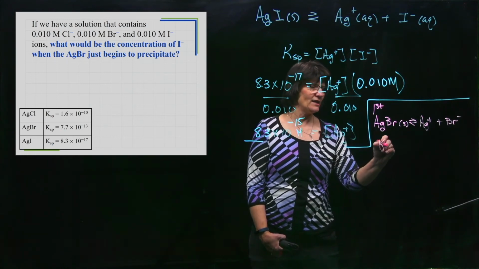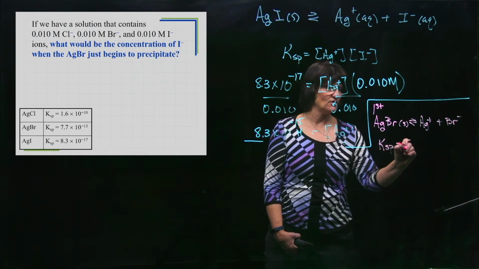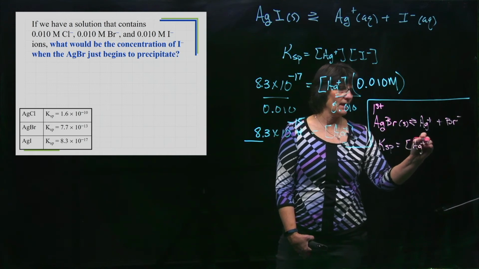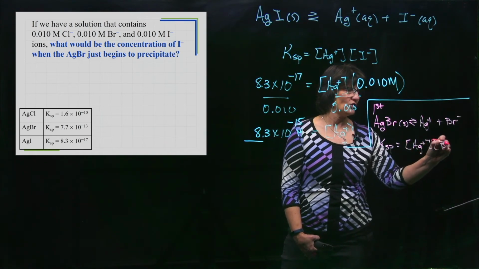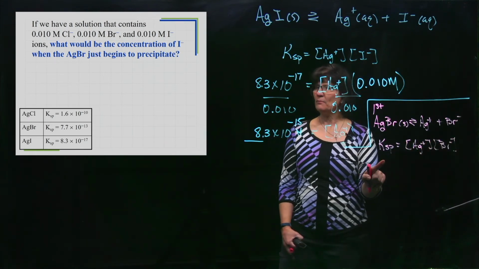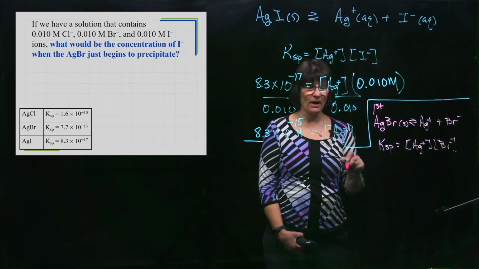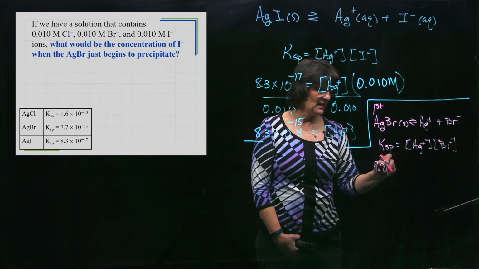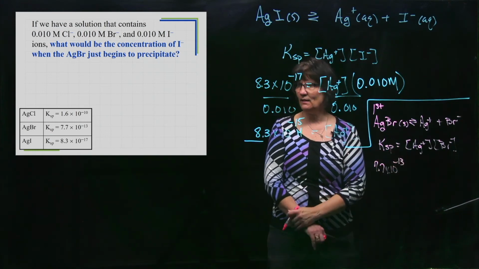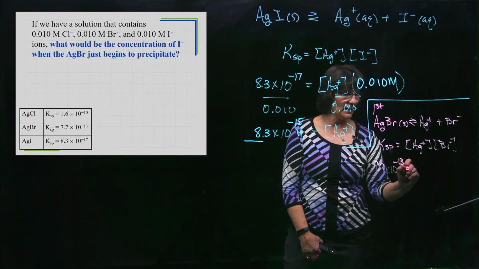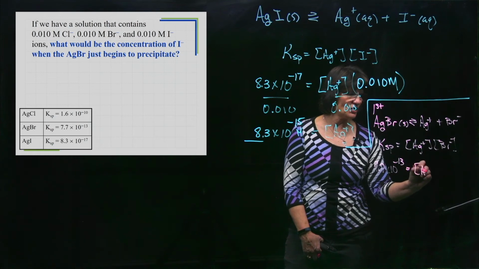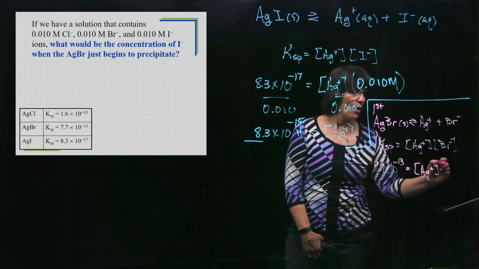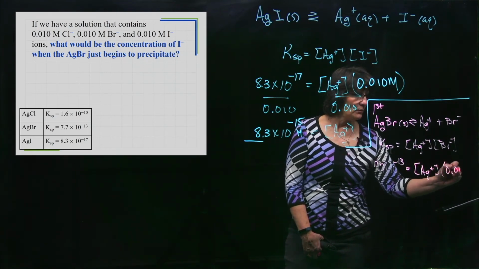We know the KSP for this reaction is the silver concentration times the bromide concentration. I plug in my KSP for the silver bromide, and its value is 7.7 times 10 to the minus 13, right? And that is going to be equal to the silver concentration that I'm trying to determine. What was in there for bromide was 0.1.